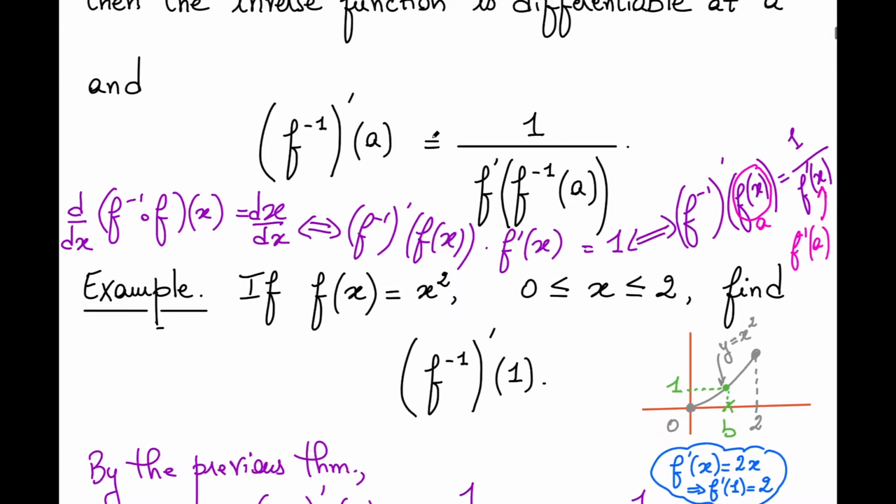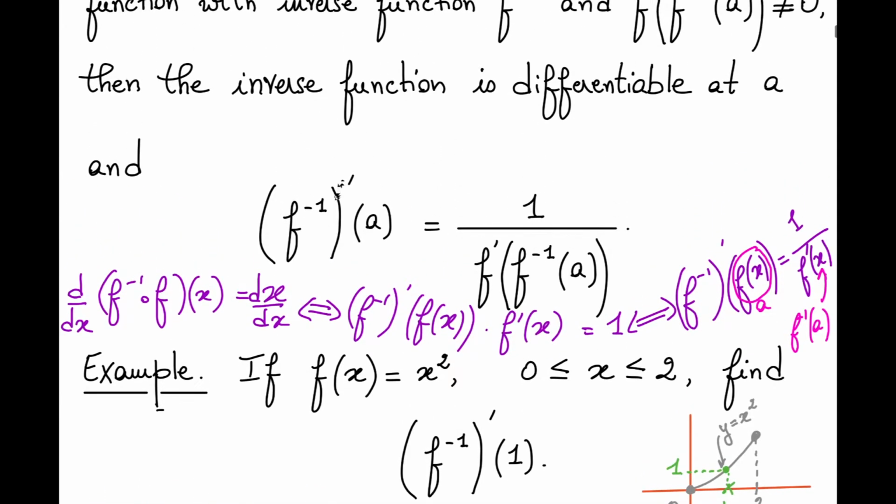Remember, this theorem allows you to find the derivative of the function f inverse at any point without finding the function inverse at all, right? We didn't find the inverse function, right? So it's a powerful theorem. It allows us to differentiate the inverse function at any point without even knowing what that inverse function is.